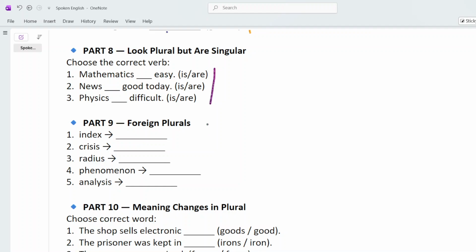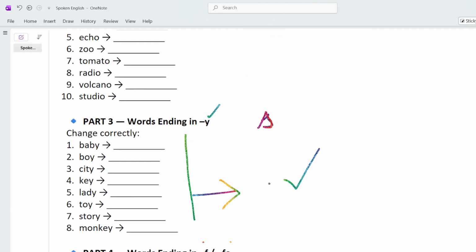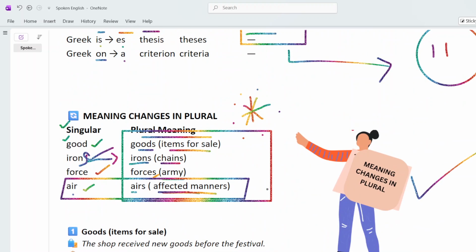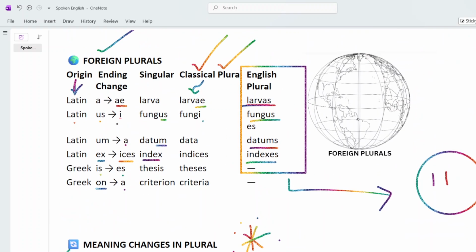Foreign rules or foreign plurals. Index is changed to, I spoke about it. Crisis is changed to, radius is changed to, phenomenon is changed to, analysis is changed to. Their answers are here. You can go ahead and get back into the video. I just spoke about this part, right?